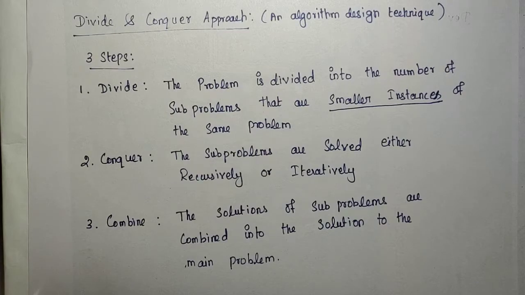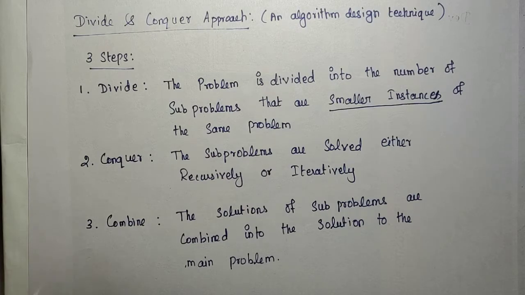If you look at the problems which are solved by the divide and conquer approach, the execution time or time complexity will be logarithmic. Logarithmic means n log n, or n squared log n, or log something. It means that the complexity will be further reduced.